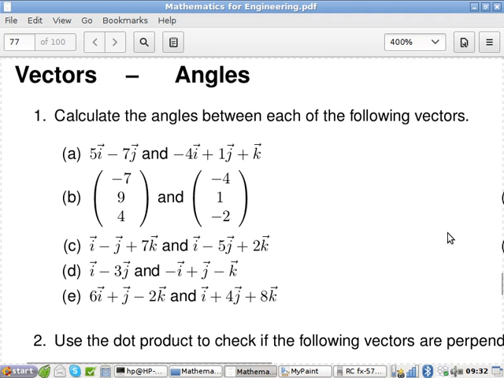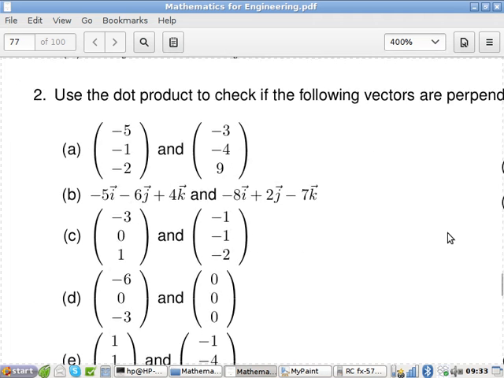So, first question, I simply want you to use the formula to get the angle between two vectors. Just be careful with the first one. There's a k missing, so what's the k number? 0. So that was like my first example I did. Then the second one, I want to check if they're perpendicular. That's like the second example I just did.